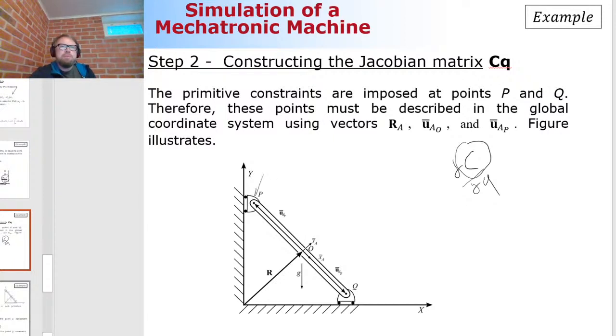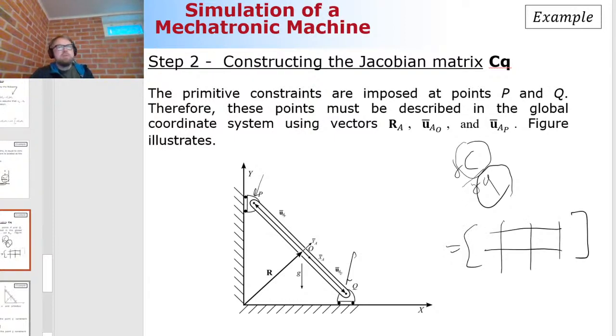I have a primitive joint here, so that's 2 in total. How many generalized coordinates? Well, one moving body, and every body needs 3 generalized coordinates. So the Jacobian matrix will have 2 rows and 3 columns. That's how it ends up.